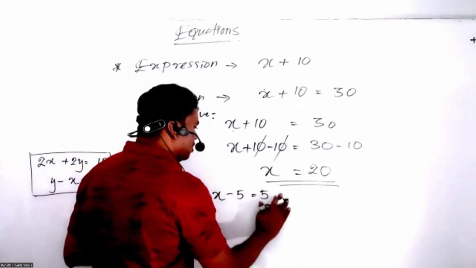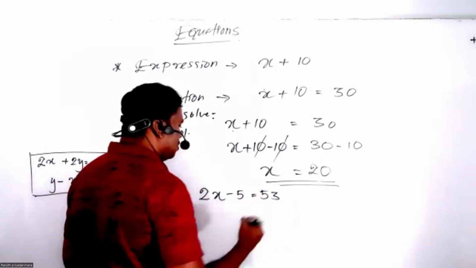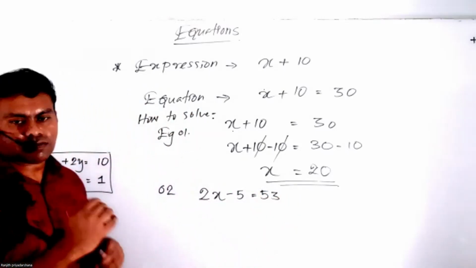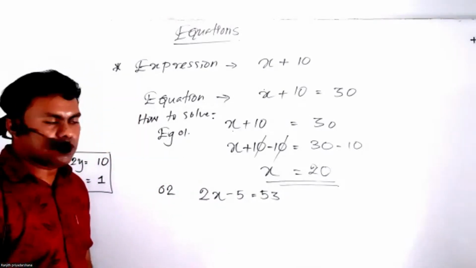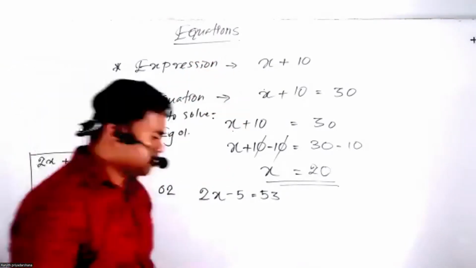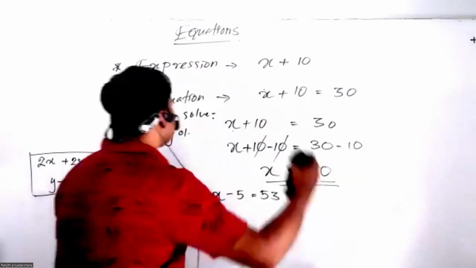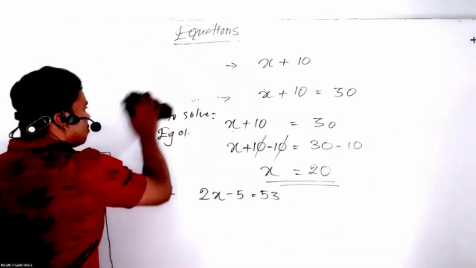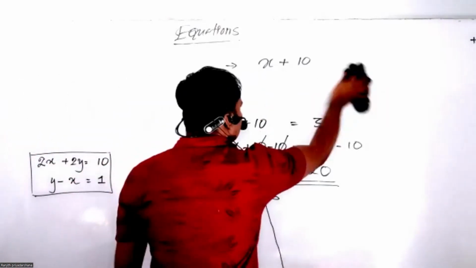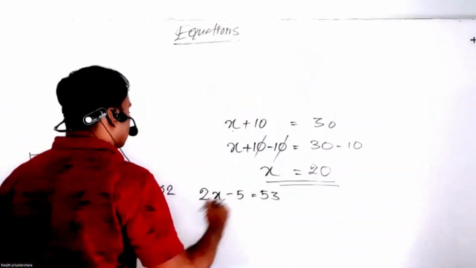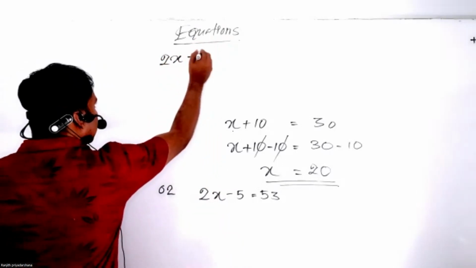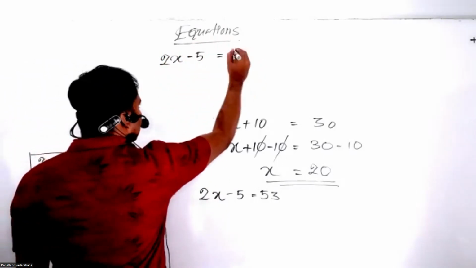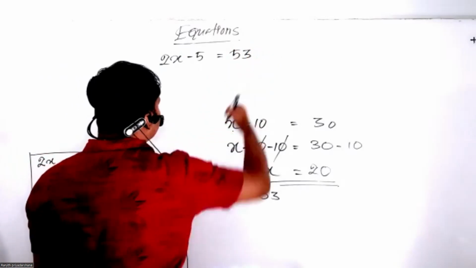Let's do it together. Now I'm going to erase this. The sum is 2x minus 5 equals 53.